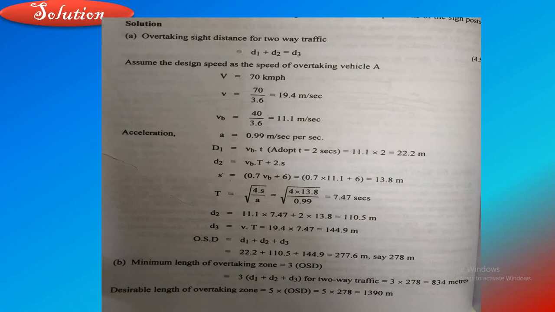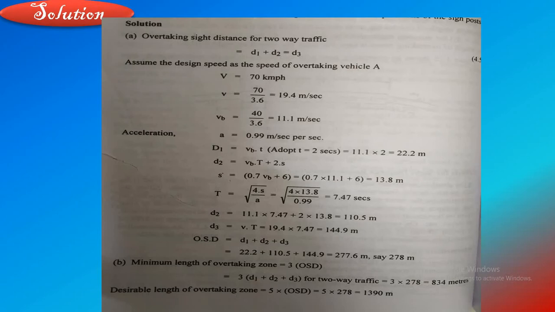Yeah guys, this is the solution. First point is overtaking sight distance for a two-way traffic. We know very well the formulas for two-way traffic and one-way traffic. Already we have solved these formulas in the derivation in the previous class.